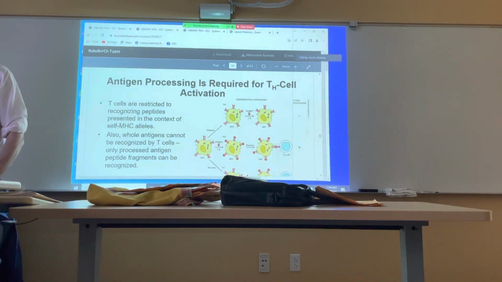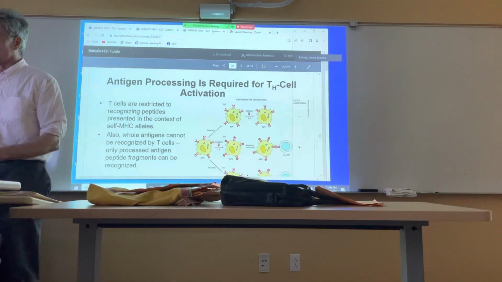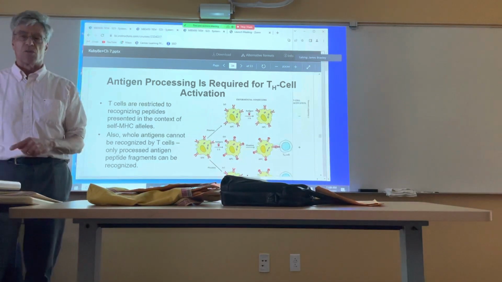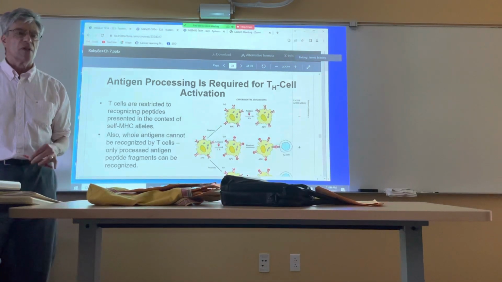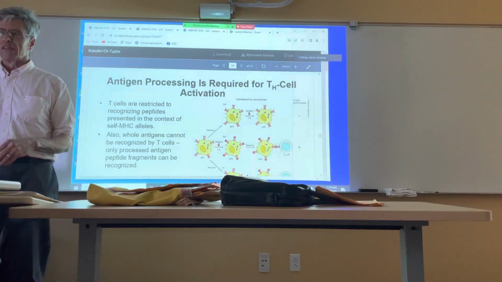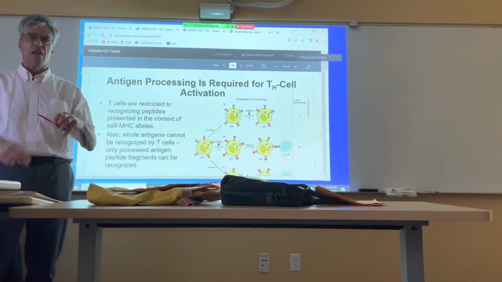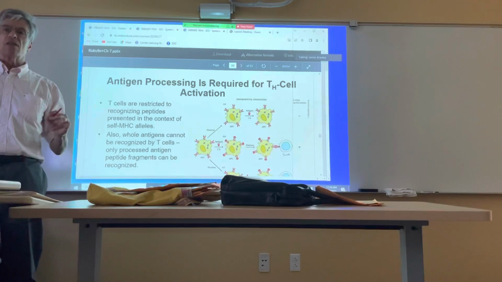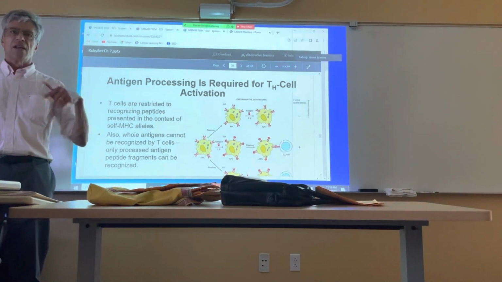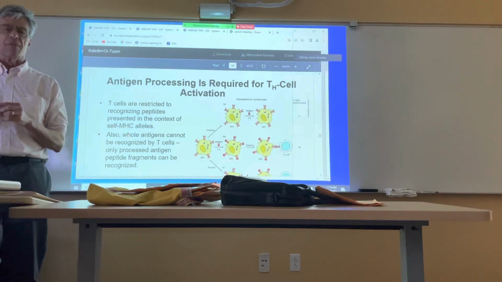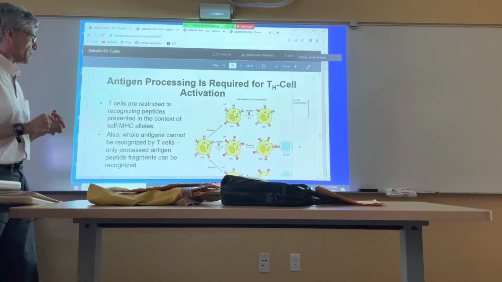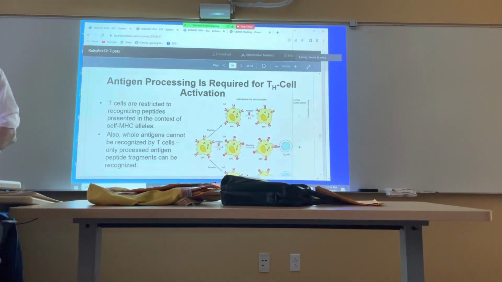So we talked about restriction earlier, but then it was discovered that whole antigens cannot be recognized by T cells. This is a surprise because remember, with B cells and the B cell receptor, they can recognize whole antigen, and sometimes a three-dimensional structure, a three-dimensional part of the antigen would be recognized. So this is the kind of experiment that was done.